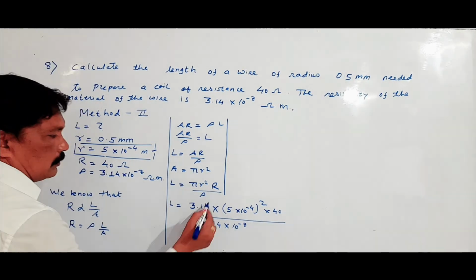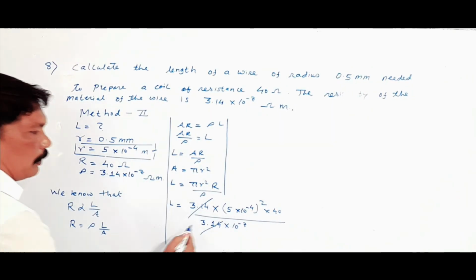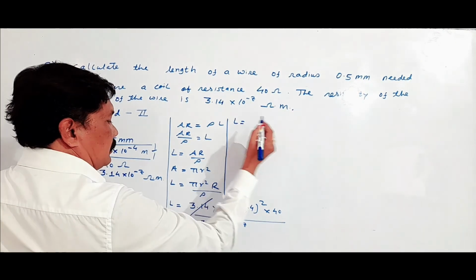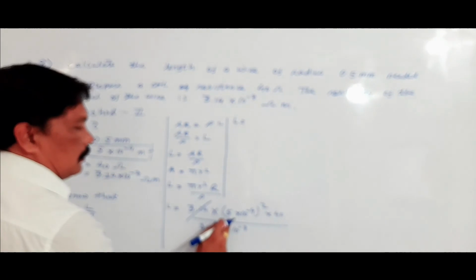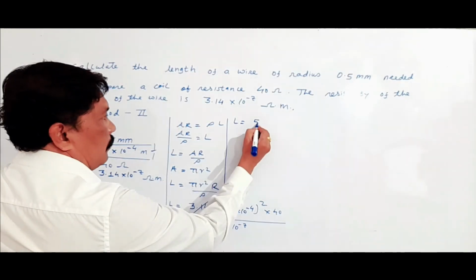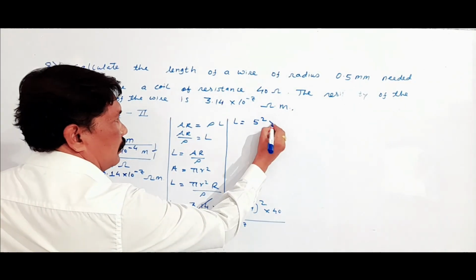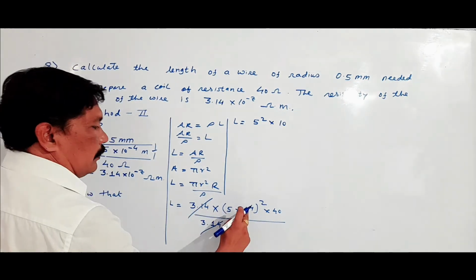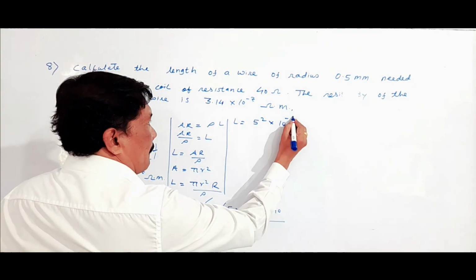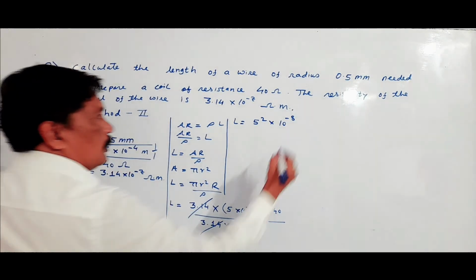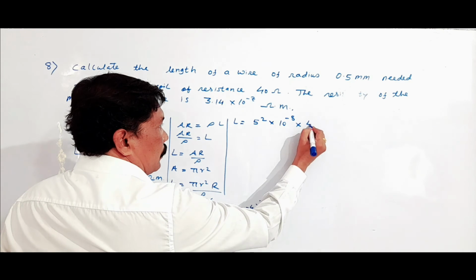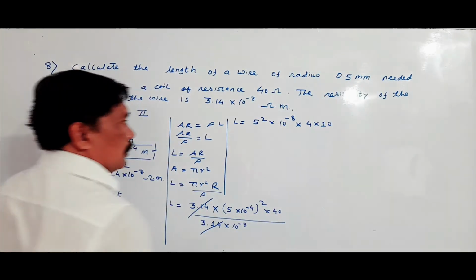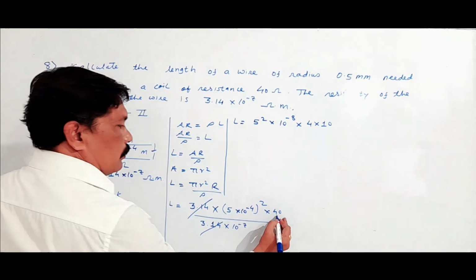What we will do? 3.14 will cancel. L is equal to 5 square into 10 to the power minus 8, into 4 into 10, this is 40.